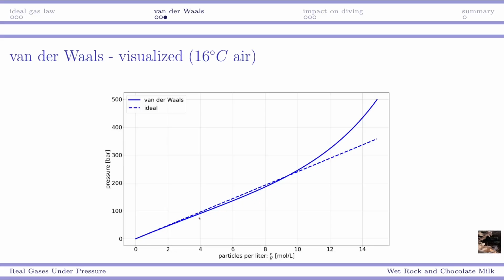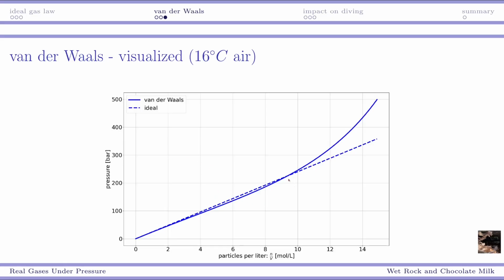But as we go into about 70 to maybe 230 range, we can see that the van der Waals pressure prediction is actually a little bit lower than the ideal gas law prediction. That's interesting as this is a pretty decent range of where we're actually diving. So we're going to be talking about this one a little bit later.